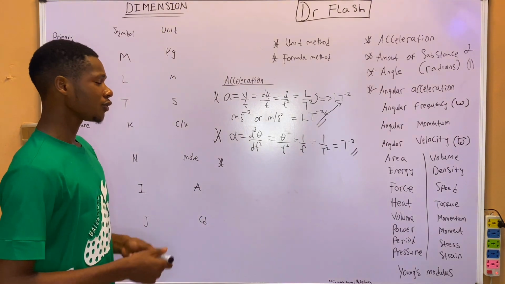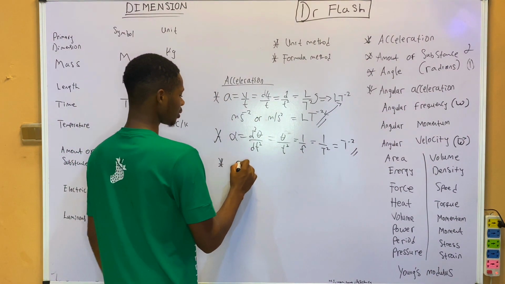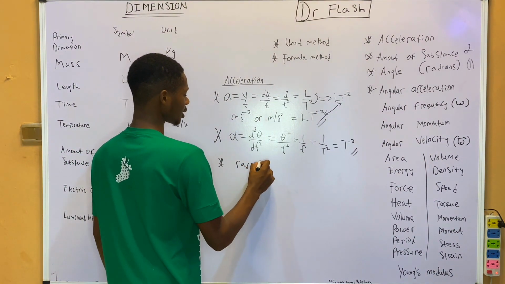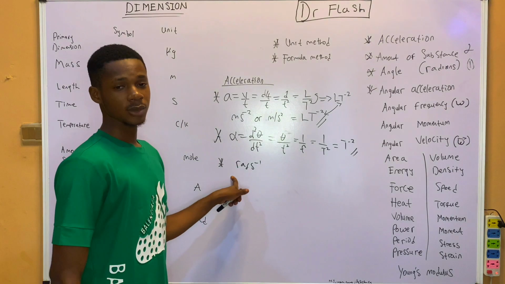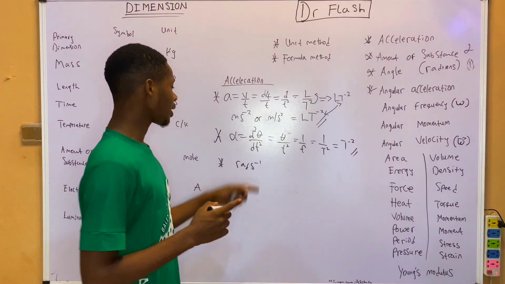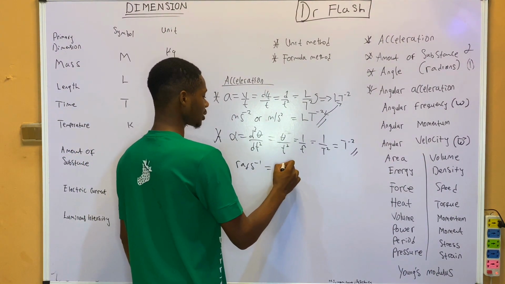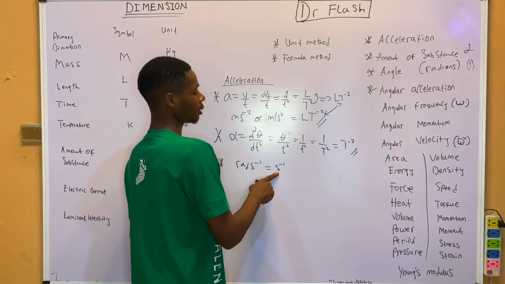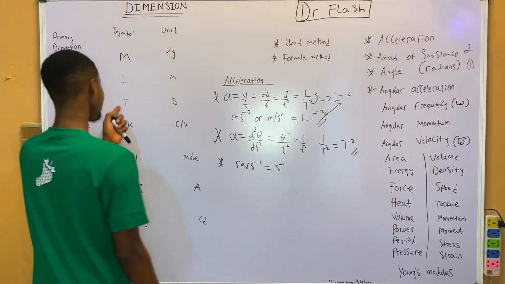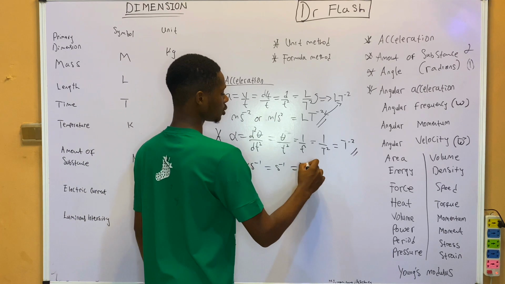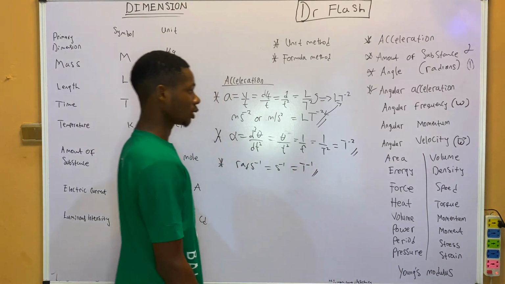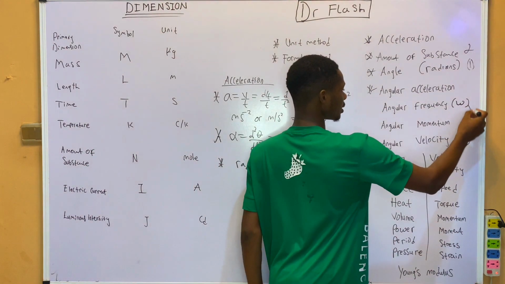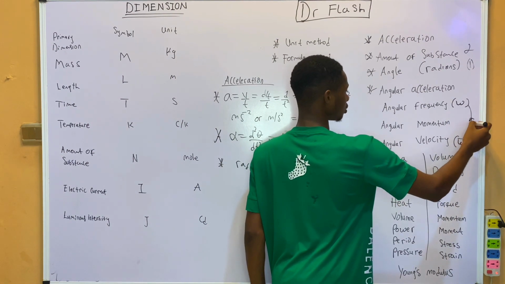The unit for measuring angular frequency is rads per second. Remember, rad has a dimension of 1, so 1 multiplied by per second gives us per second. The dimension for seconds remains big letter T, so that gives us T to the power of minus 1. That's the dimension. So we can say that these two have the same dimension.